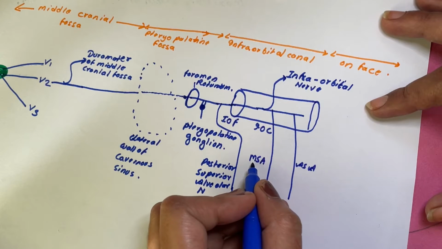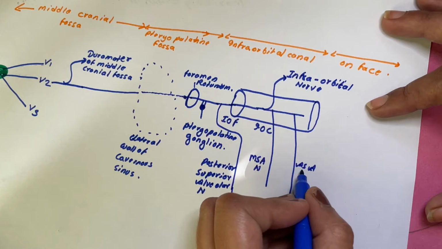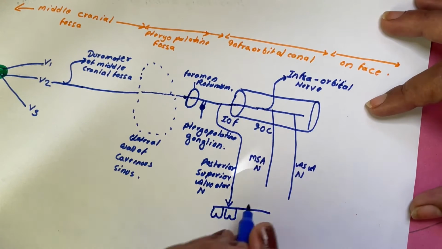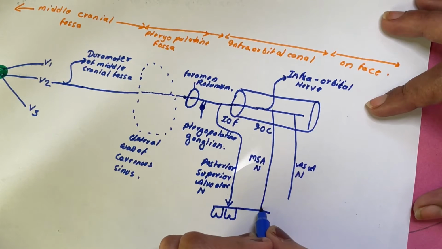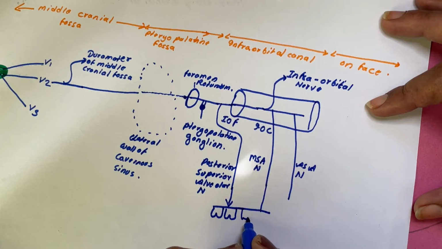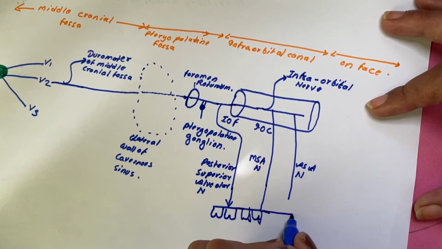That means the middle superior alveolar nerve and the anterior superior alveolar nerve. The middle superior alveolar nerve supplies the premolar teeth, and the anterior superior alveolar nerve supplies the anterior teeth. That means the canine, lateral incisor and central incisor.